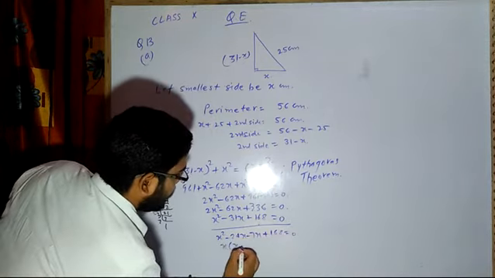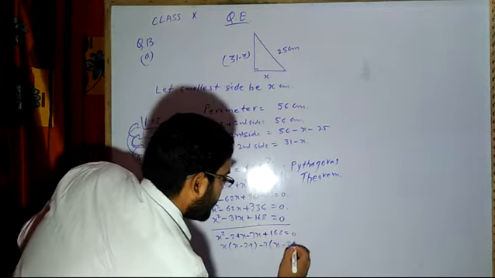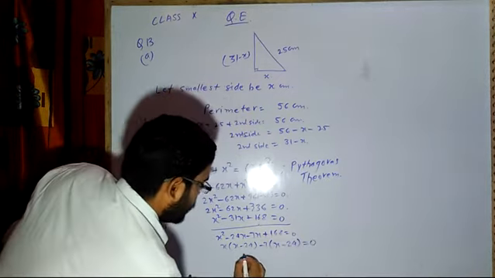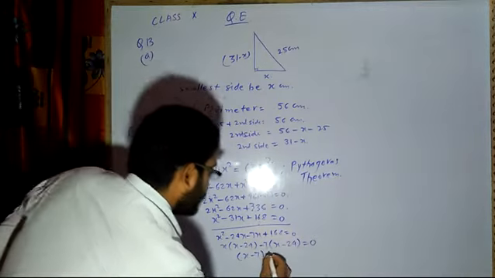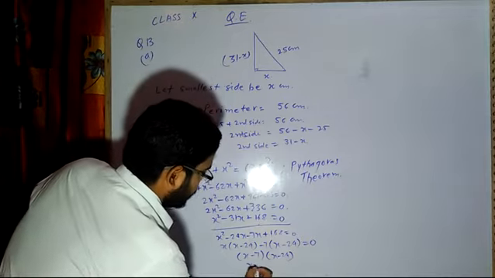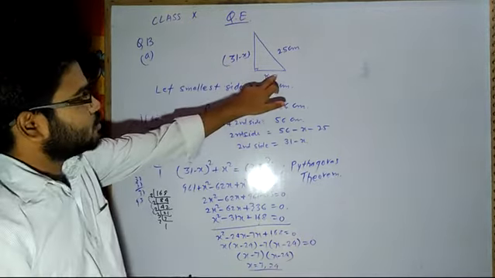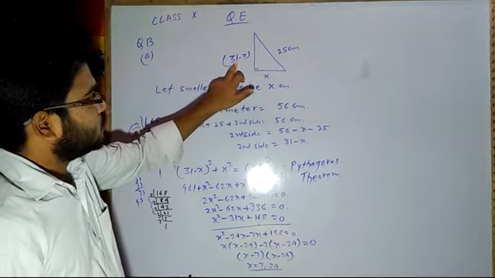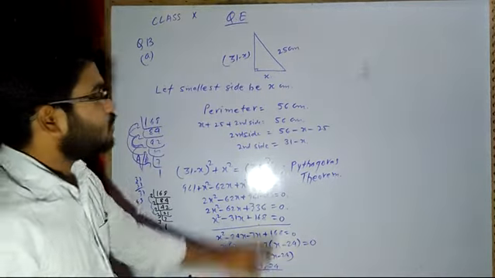So x outside, so (x minus 7) into (x minus 24). Now your value will be either x is equal to 7 or 24. Now if you take x is equal to the larger value 24, then 31 minus 24 will be equal to what?